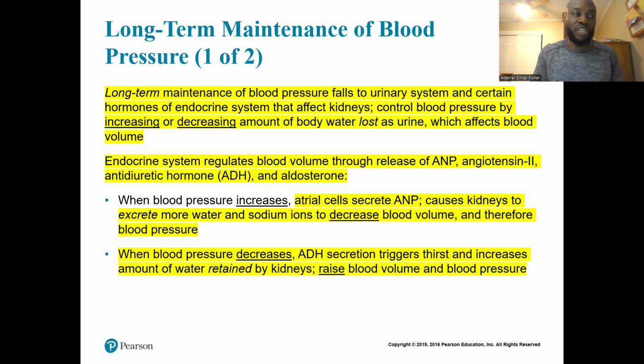You'll notice that when you take certain blood pressure medications, it causes you to urinate. If you have high blood pressure and you take blood pressure medications, some of them will simply cause more water to be eliminated from the body, therefore reducing your blood pressure by reducing the water content in your blood.